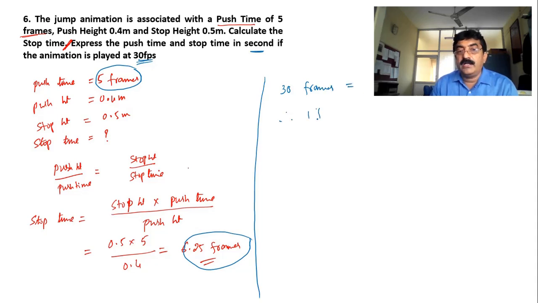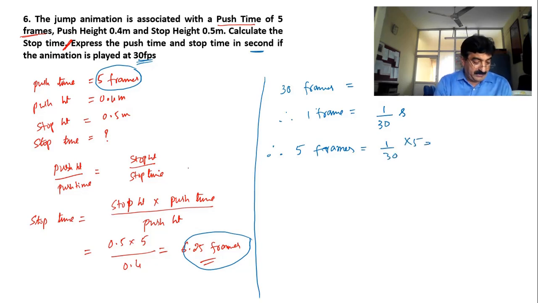Therefore 1 frame is equivalent to 1 by 30 of a second. Therefore push 5 frames is equal to 1 by 30 into 5, that is 5 by 30, that is 0.167 second. So now I have push time in terms of seconds.